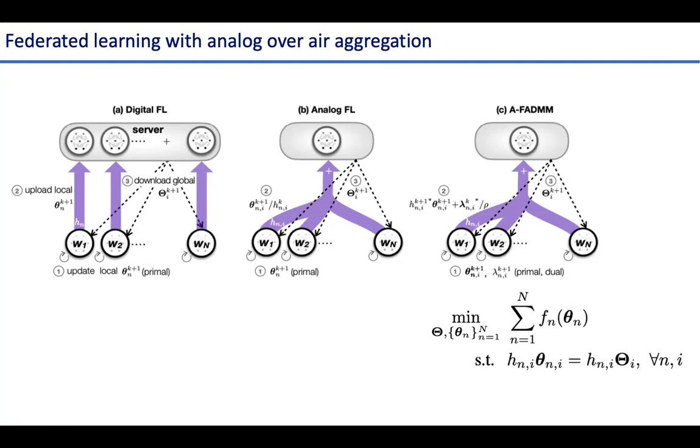For example, if a worker has a channel equal to 0, then that worker cannot transmit at that time. So we need to specify a certain threshold. If the channel is higher than that threshold, then this element will be transmitted from this worker. If it's not, then that element doesn't need to be transmitted.